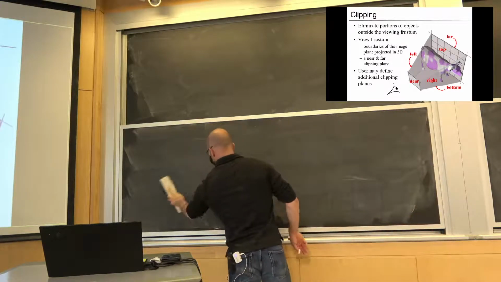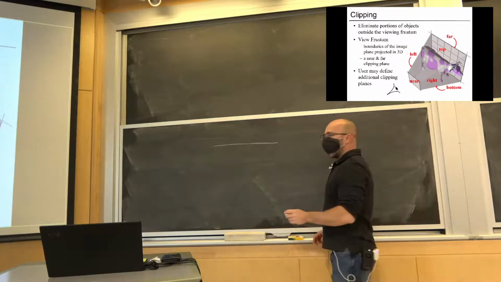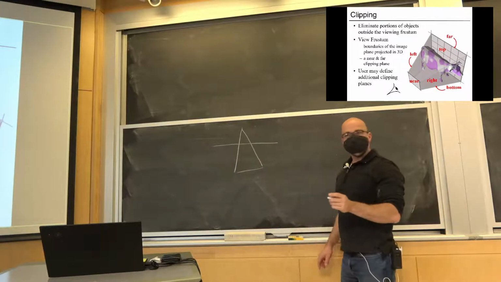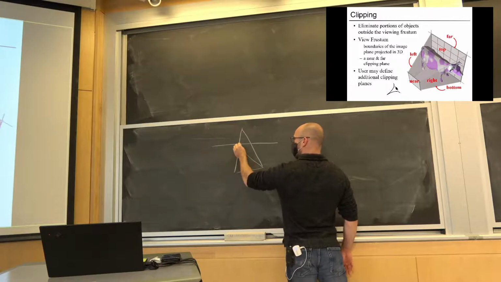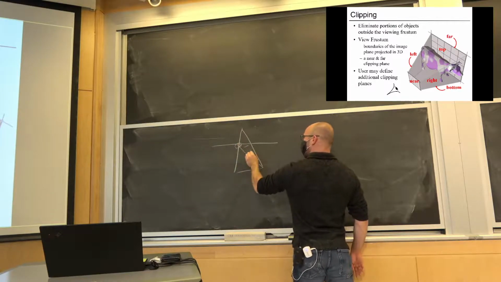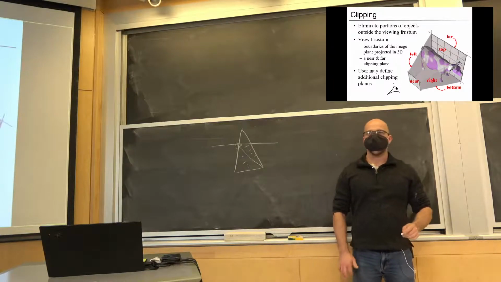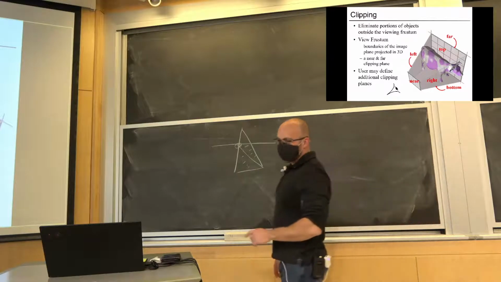For example, let's say this is the boundary of my view frustum, and here is a triangle. If I wanted to clip it properly, I'd have to make 2 triangles, right? Something like that, and then that was supposed to intersect here, and then keep these 2 guys, right? So there's a little bit of logic that has to happen there. There are only so many cases, but you'd have to work through it.